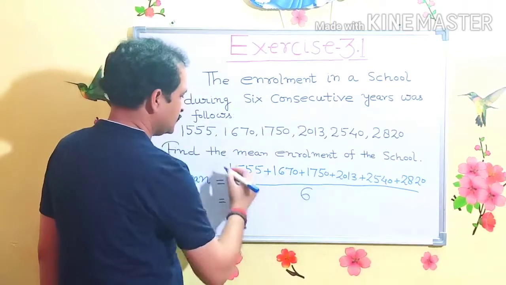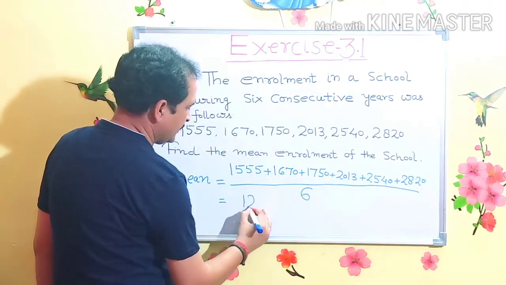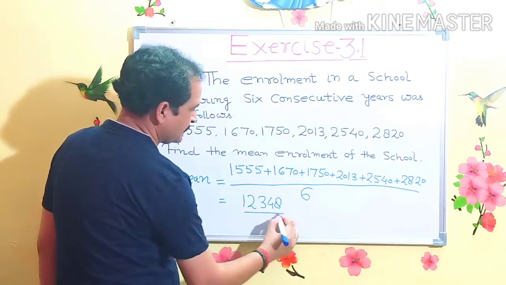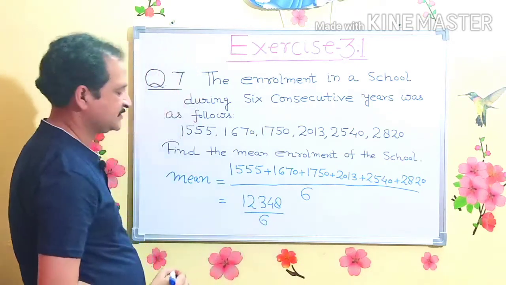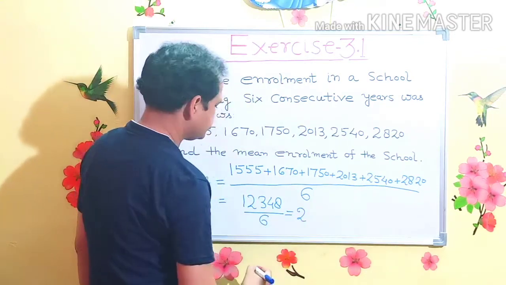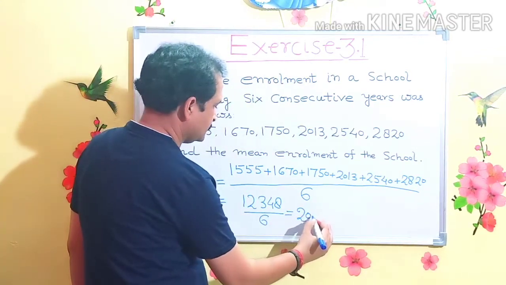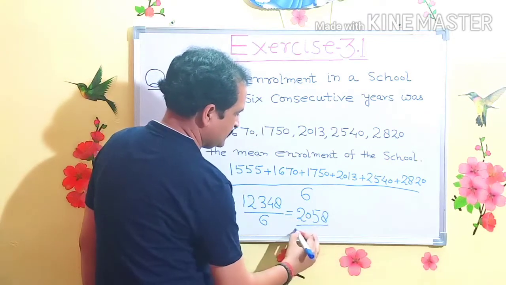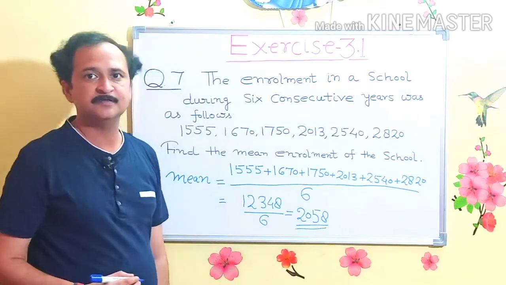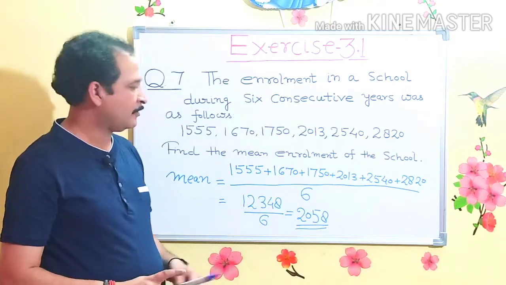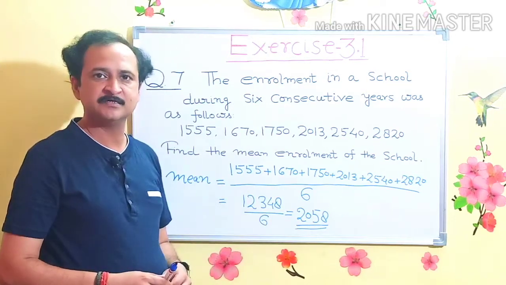If you sum all these numbers, then it is 12,348 divided by 6. So it is 2058. So 2058 is the mean enrollment of this school in last 6 years.